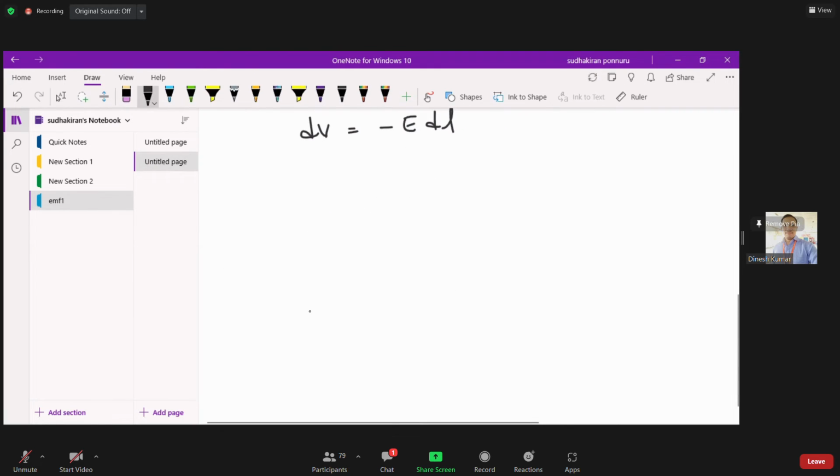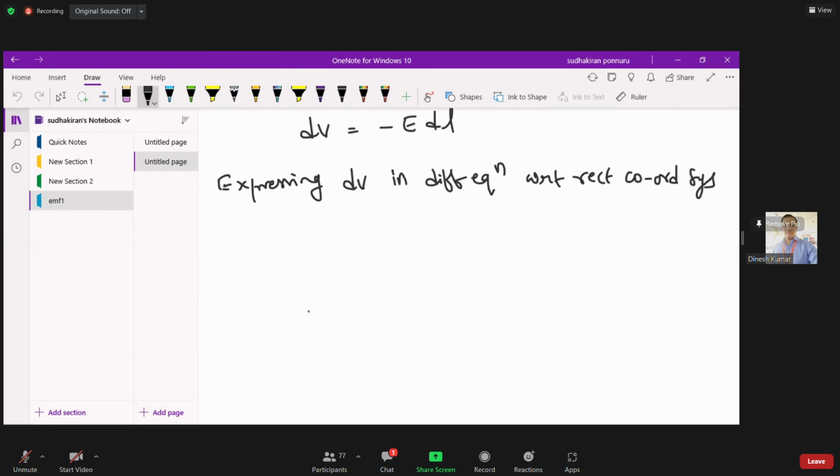The next step is expressing dV in differential form with respect to the rectangular coordinate system. Using differential equation concepts, we express the value of dV in the rectangular coordinate system. As I told you, by default we take the rectangular coordinate system for simplicity.